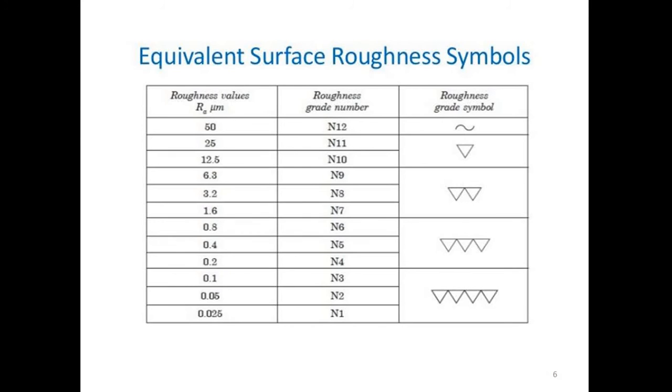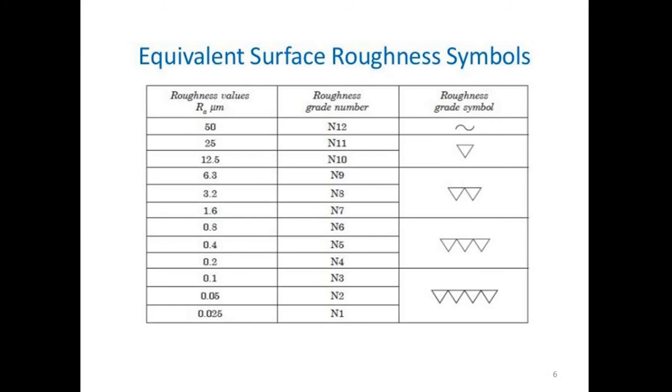I already told that normally it is used for ASCII symbol. For Ra 25 micron and 12.5 micron, one triangle is there and 25 is shown by grade number N11, 12.5 is shown by grade number N10.